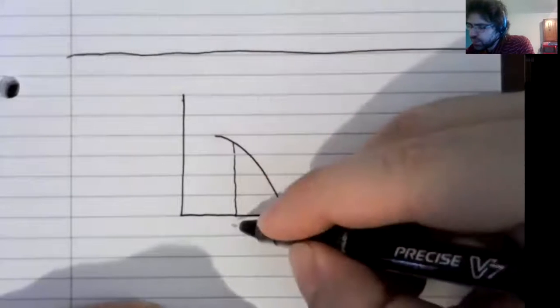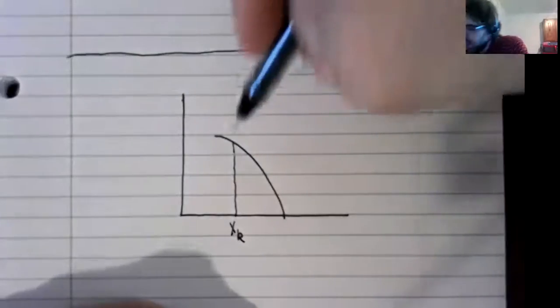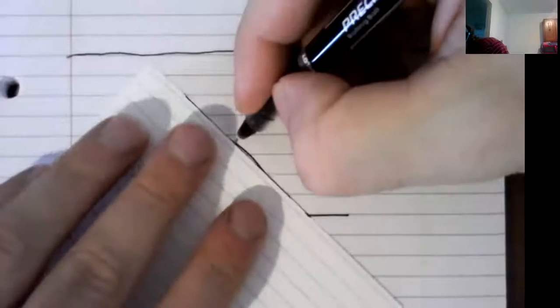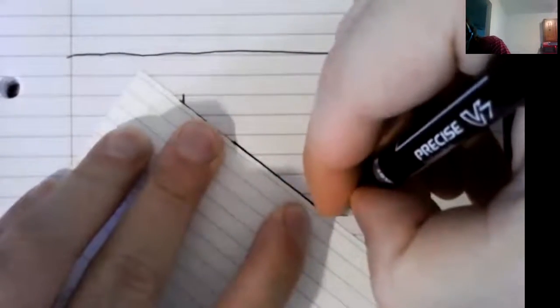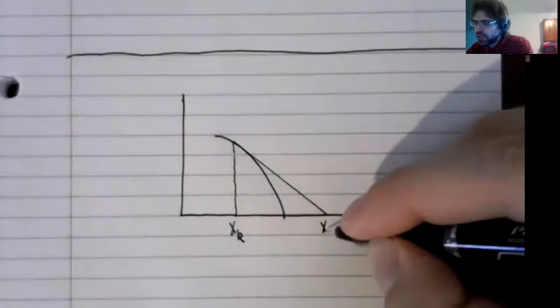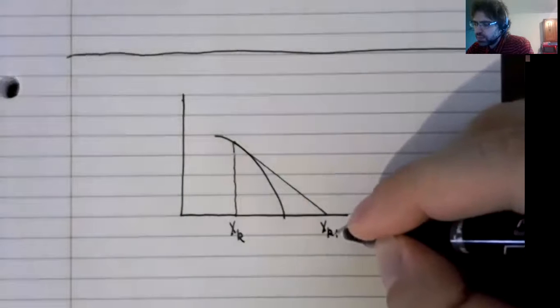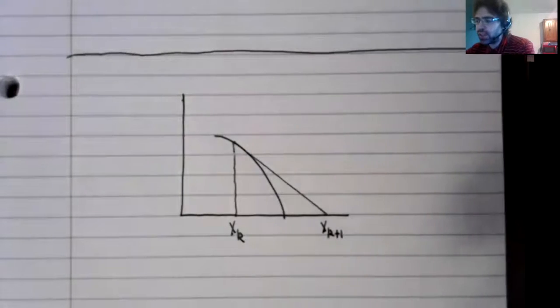This is x sub k. We want to follow the tangent line and find x sub k plus 1.